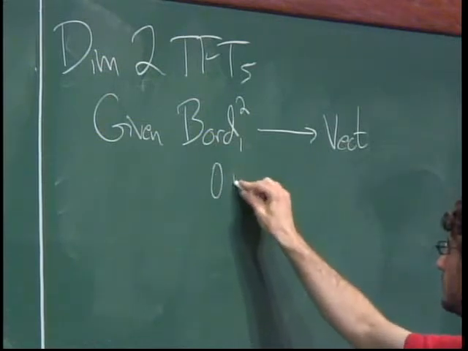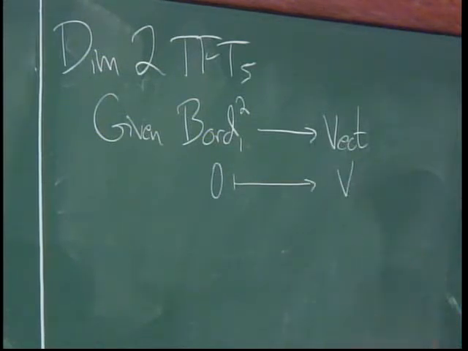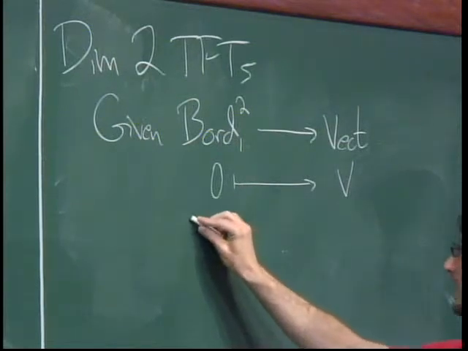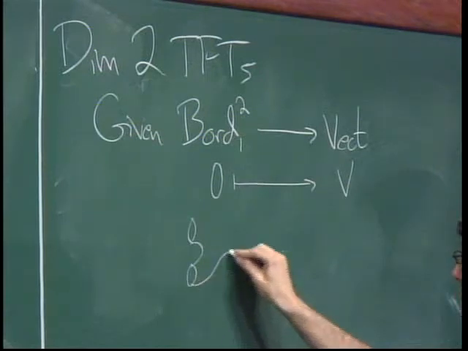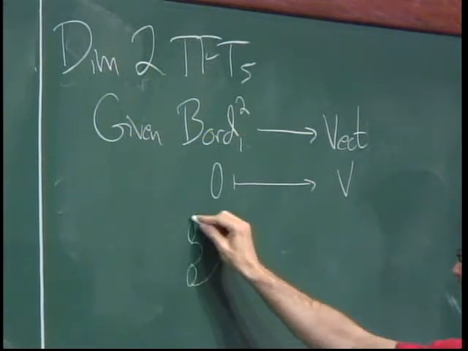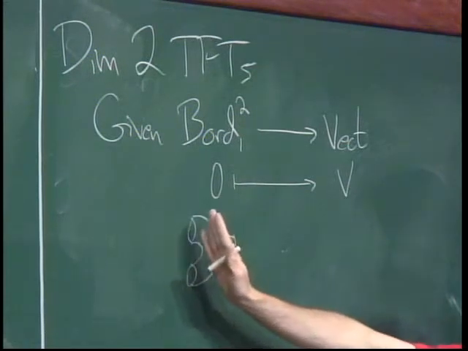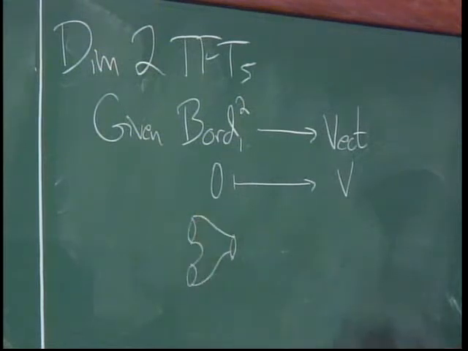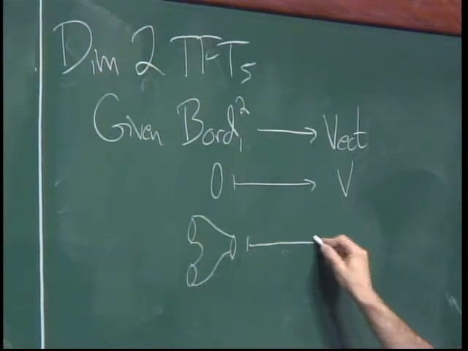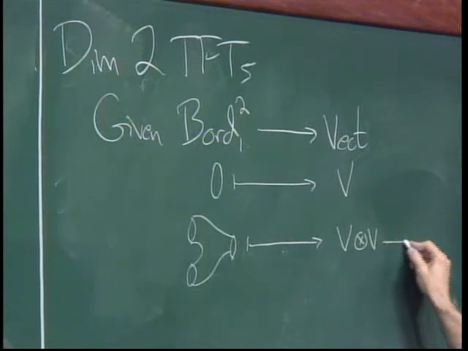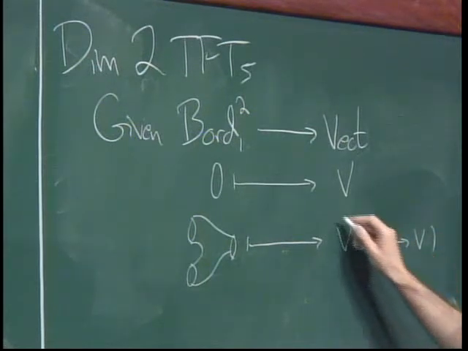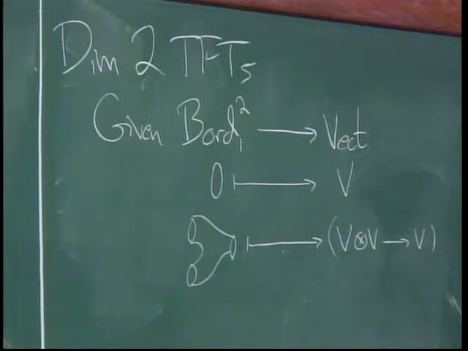We have a circle that goes to some vector space V, and then now we can do some more interesting things. So now we have, for instance, this two-manifold that is a Bordism from 2 copies of the circle to 1 copy of the circle. And that goes to some map from V tensor V to V.